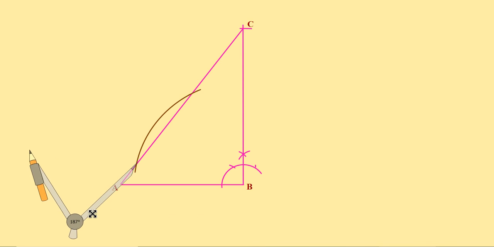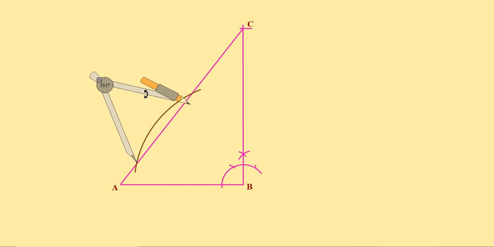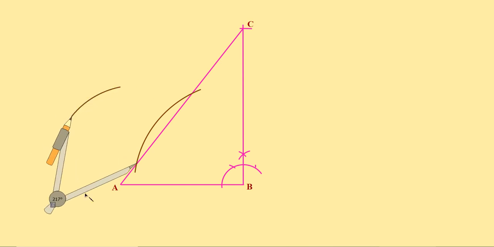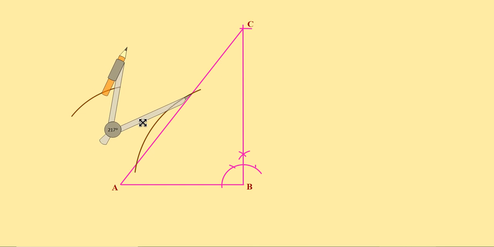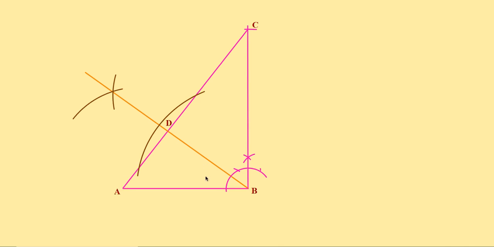Now with these intersecting points as centers, take more than half of the radius, draw arcs to intersect each other. Now join B to that intersecting point. Let it intersect AC at D. Now BD is perpendicular to AC.